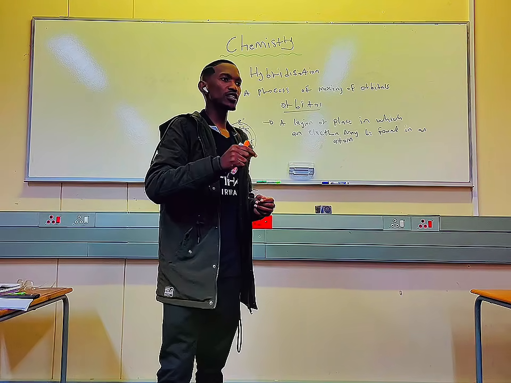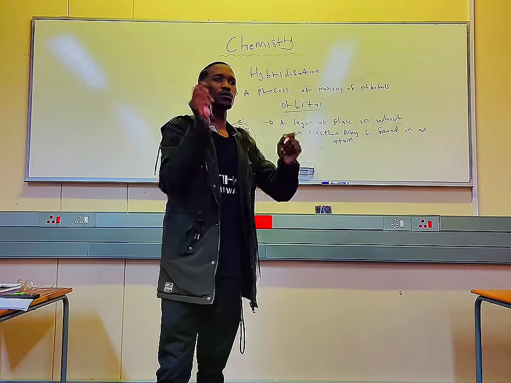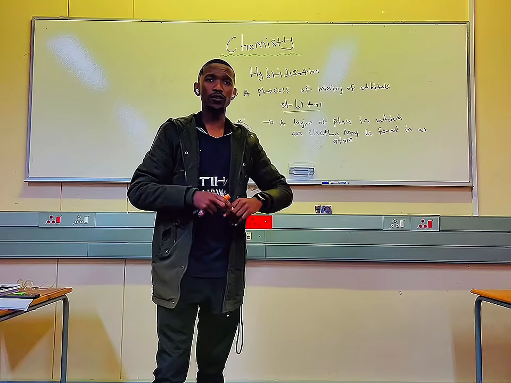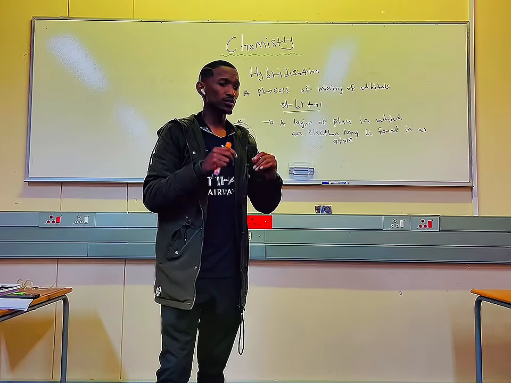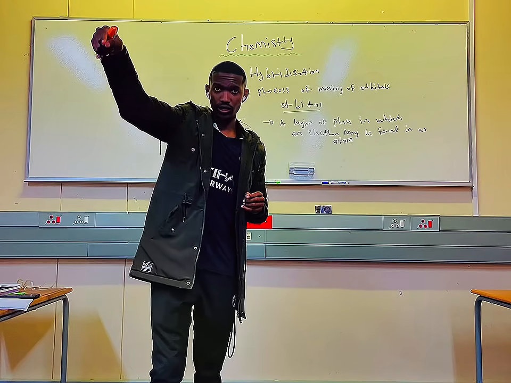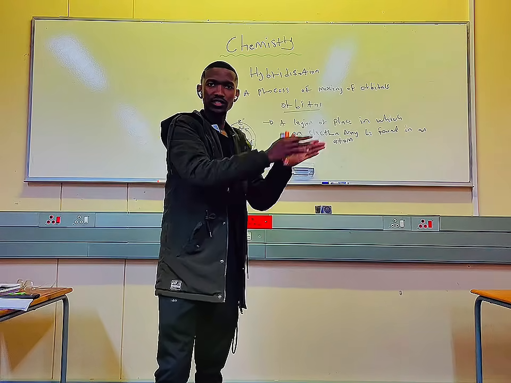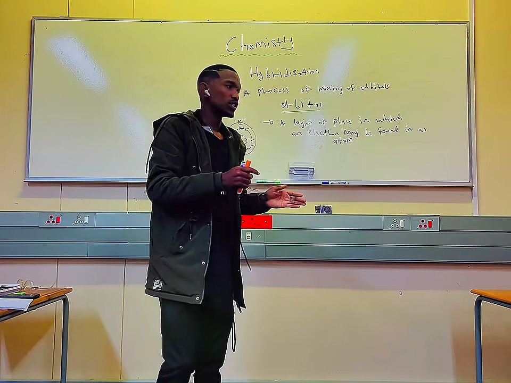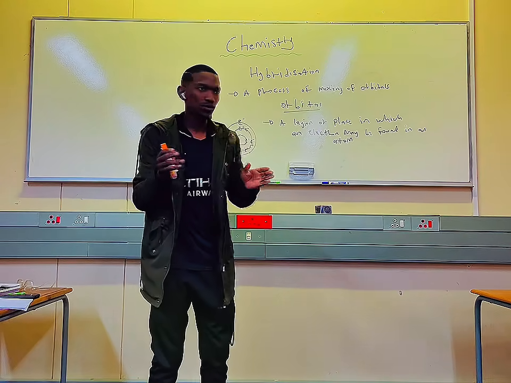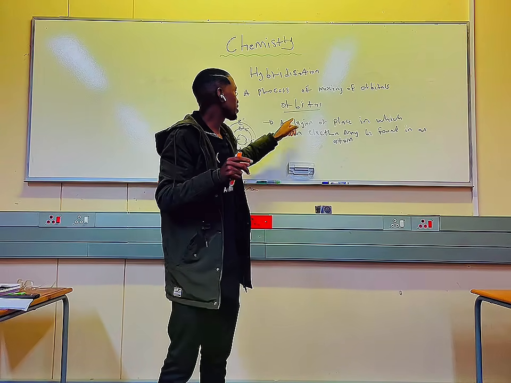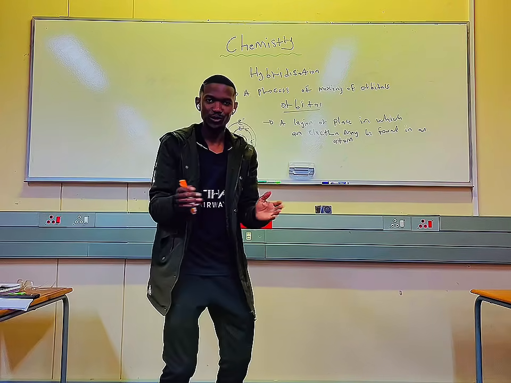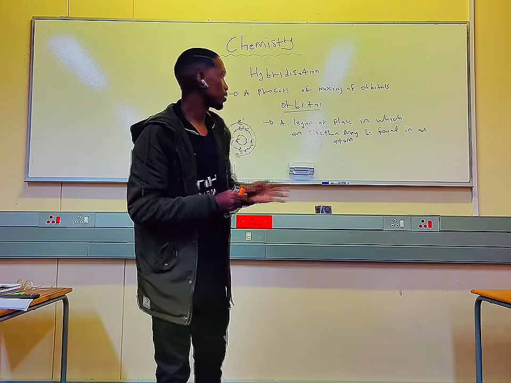So if someone is looking for you, say they're looking for Mr. James, someone's going to go to the office or the receptionist, and then they will tell you Mr. James is, you get what I'm saying? So you'll find Mr. James there. He's in that room. You are in that classroom. So students are always in the classroom. So the classroom is basically an orbital. Electrons are those students in the classroom. You get what I'm saying? So that is actually what an orbital is.